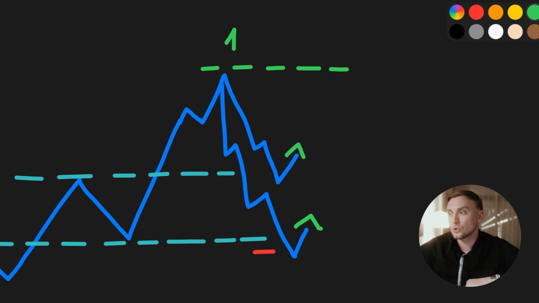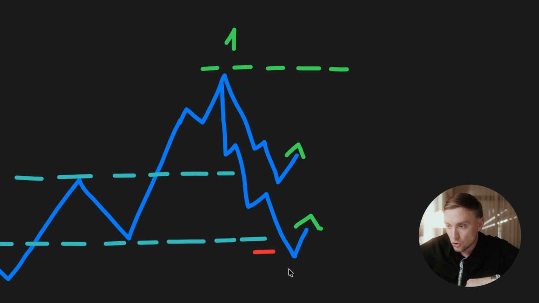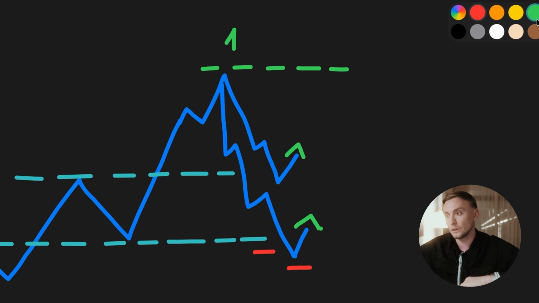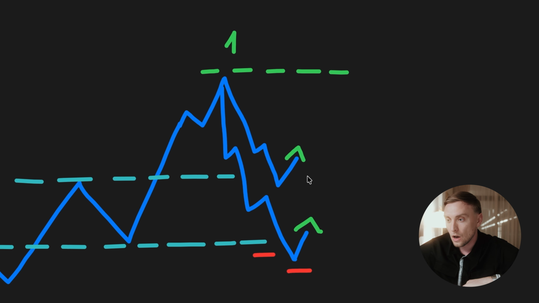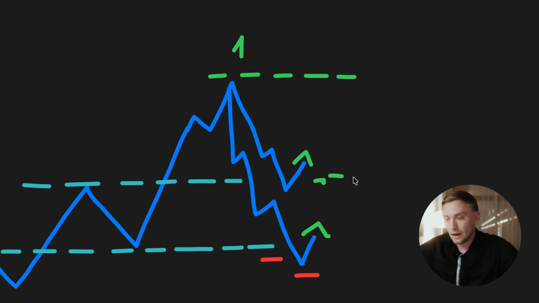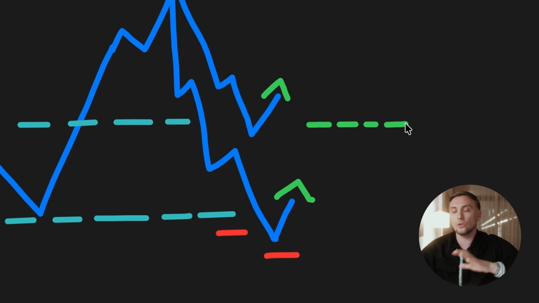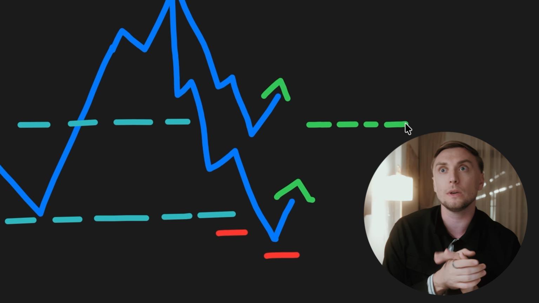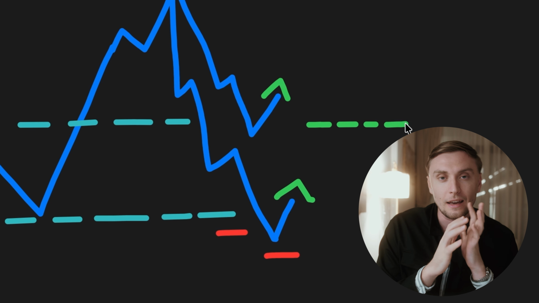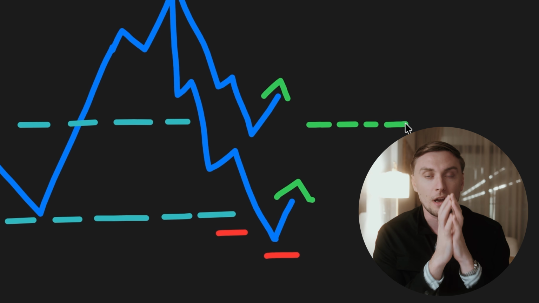The same, we will trade here with a very short stop loss, so lots of people like this kind of trading, and the take profit will be, if it's not very wide, on the highest level of this support zone.